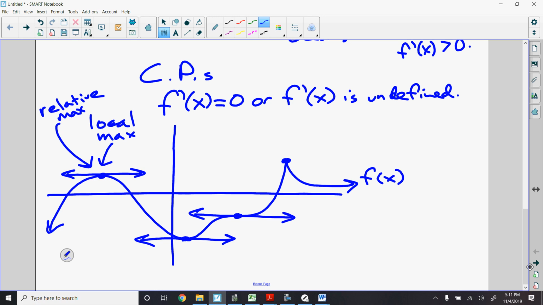Okay? Are any of our other critical points a local max? Well, yeah, that one on the far right also is. So a critical point could be a local maximum. A critical point could also be a local min, AKA relative min.